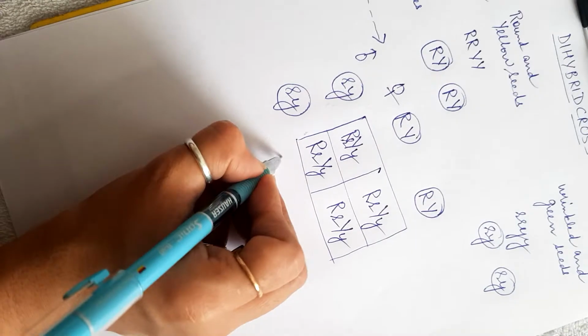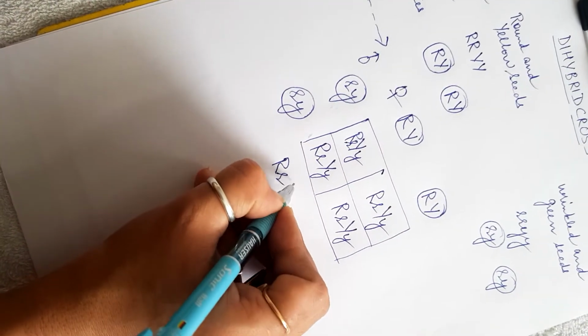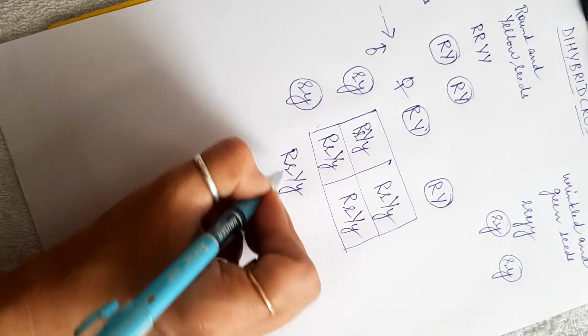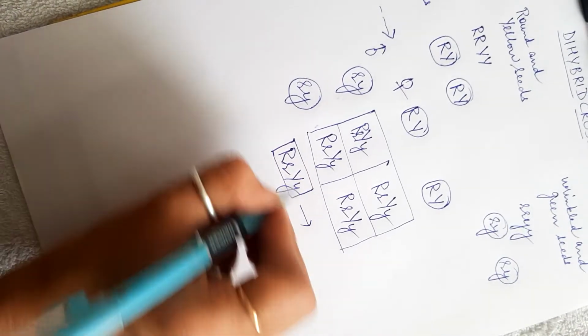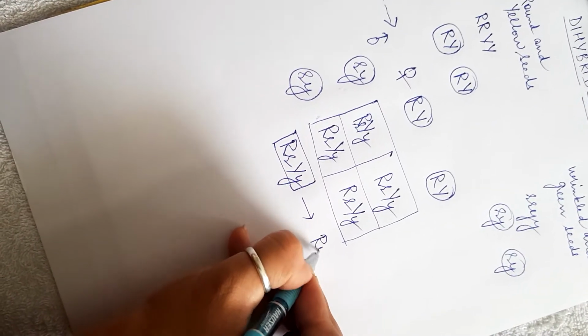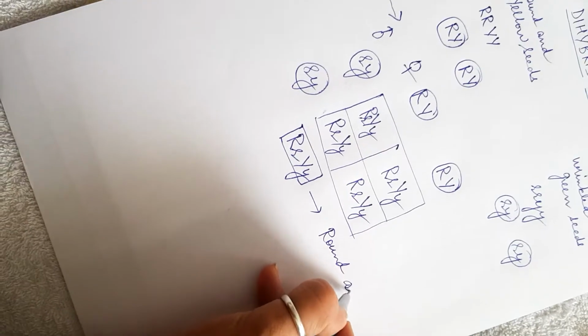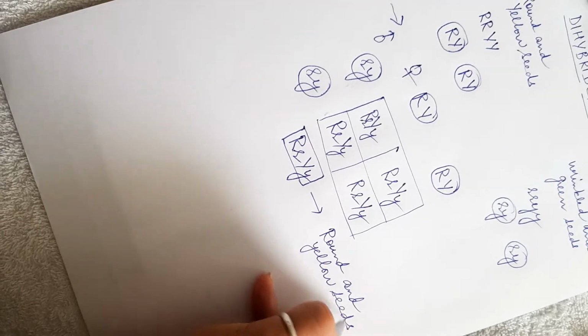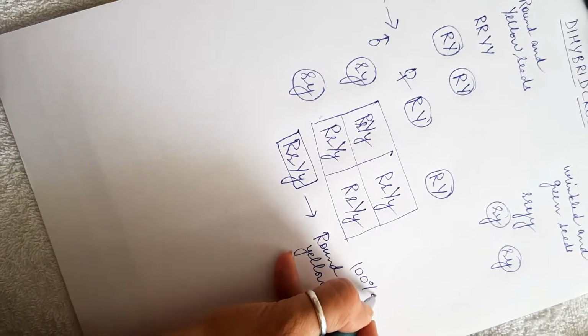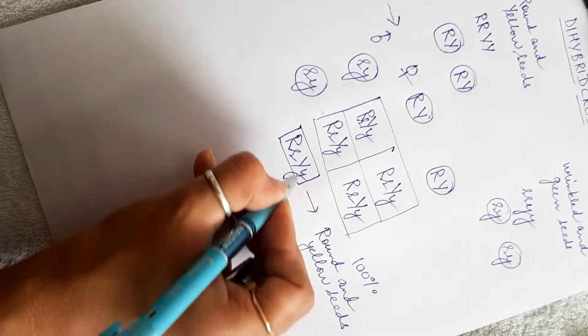Then you can see the phenotype which you will get in your F1 generation will be 100% round and yellow seeds, as you can see the genotype has one dominant capital R and capital Y, right?